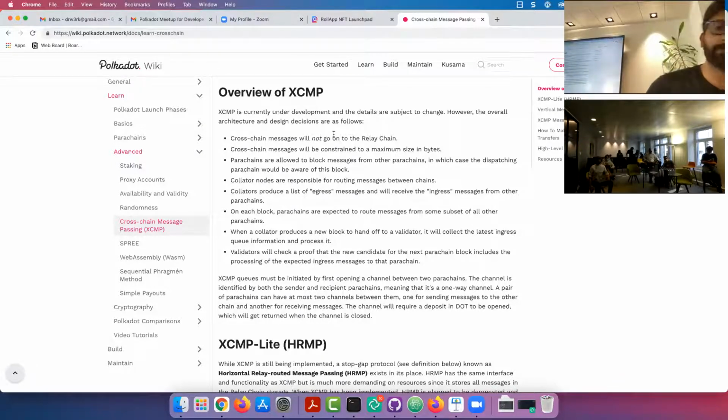Yeah, exactly. Take a look at that, and also try to keep in touch with the Sub-Zero conference. That's when you'll get the first-hand explanation from researchers about what XCMP is meant to do. Okay, sure, great.